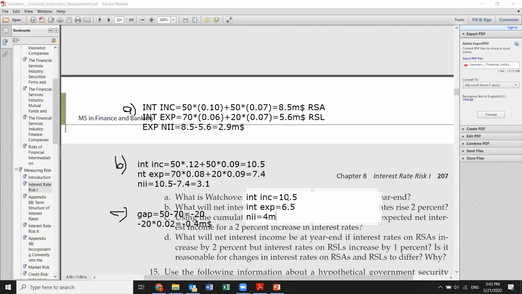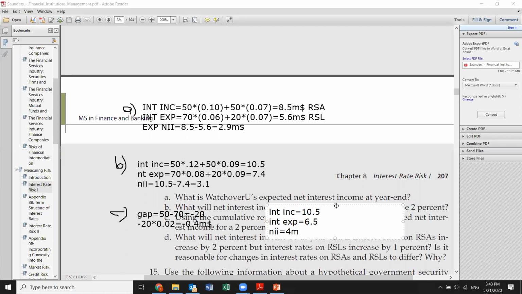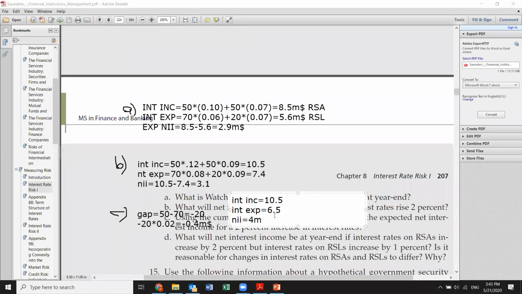The problem is asking about rate sensitive assets, not just interest income change. If it's rate sensitive assets, that means we should consider only those up to 1 year, the floating rate and deposit side. That means it will change only in here. Yes, I didn't read the question.